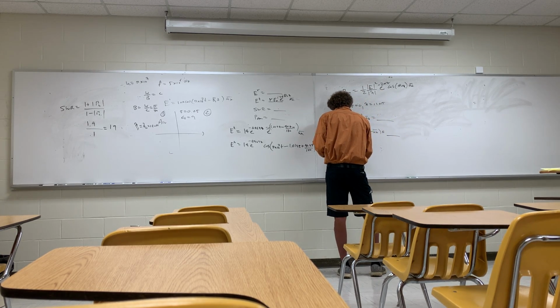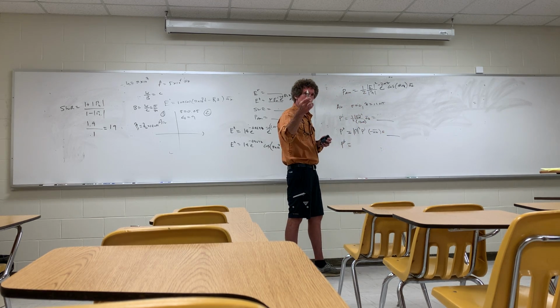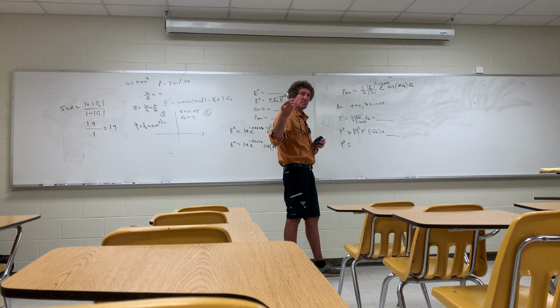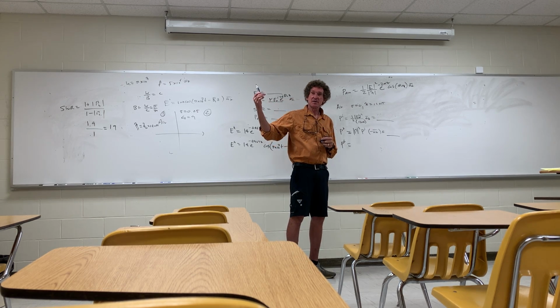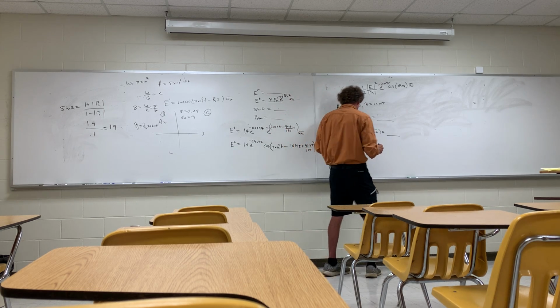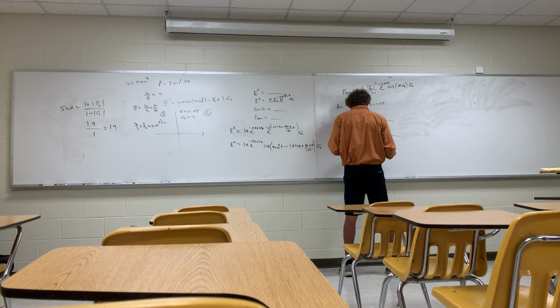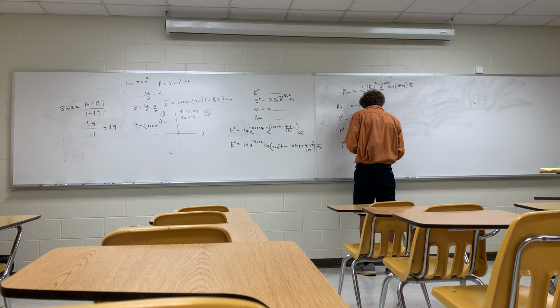And finally, the P transmitted. Now I'll tell you this much, when you have normal incidence like we do, transmitted power has to be the incident power minus the reflected power. You can get it from the two above. You can say it's just P incident minus P reflected. Or you can say it's simply the transmission coefficient times E naught incident, right here.